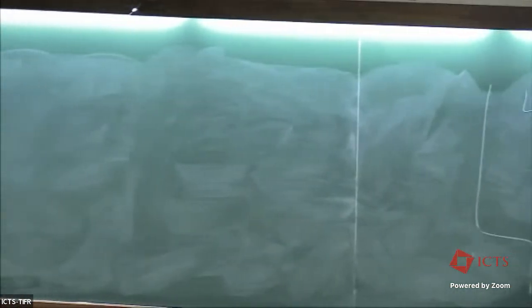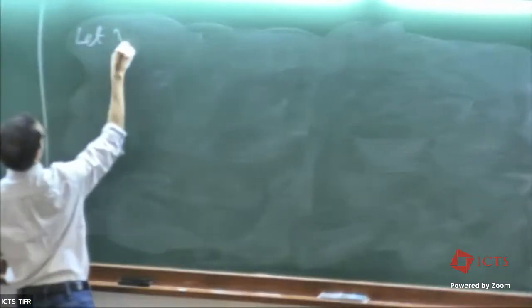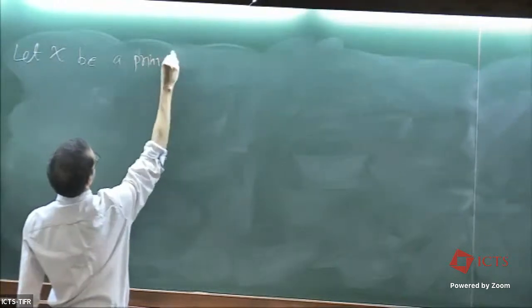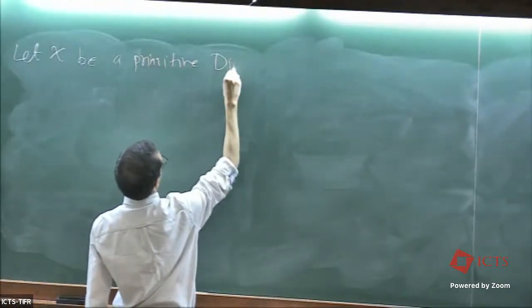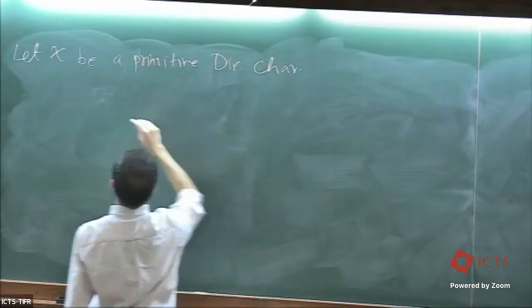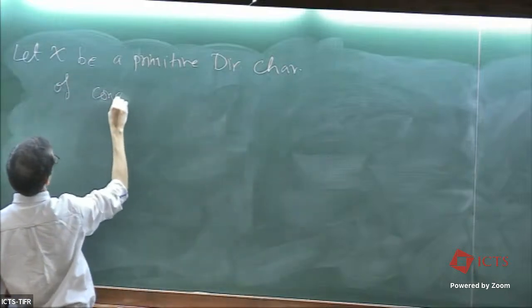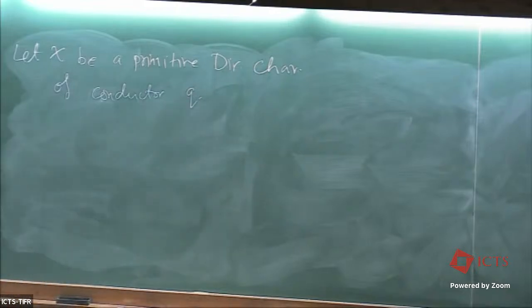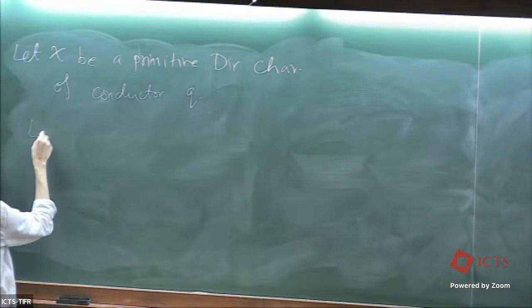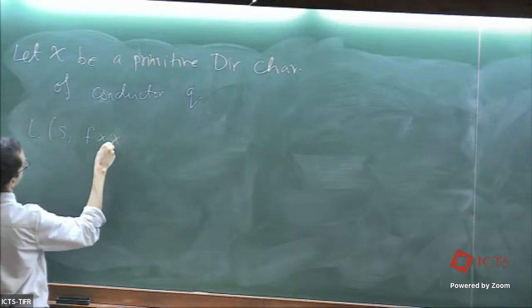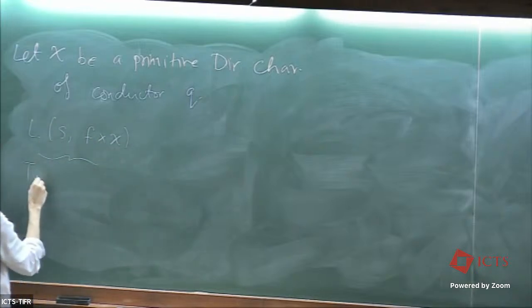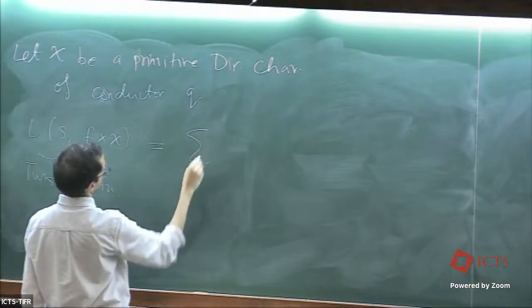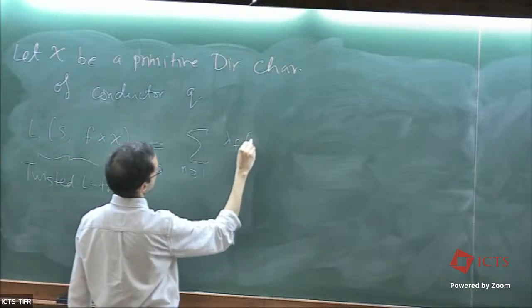So what you can do is you can take chi, let's take it to be a primitive Dirichlet character of modulus, or of conductor Q. Okay. And then one can write down, so this is a twisted L function. One can write down this series like this.